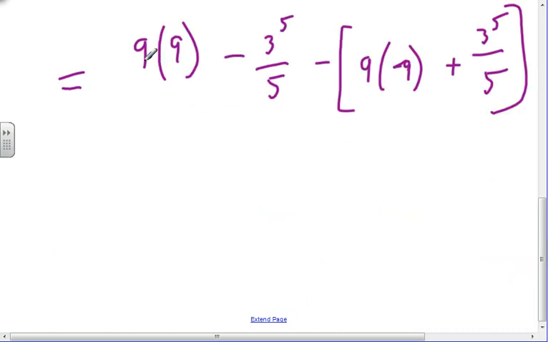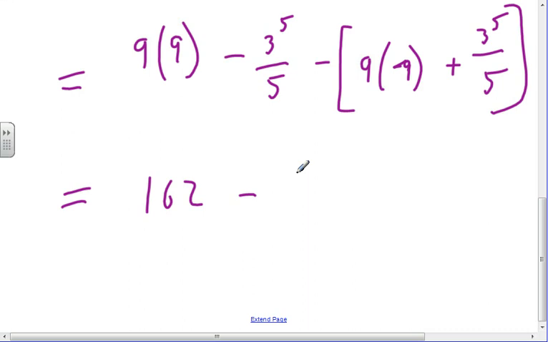Okay, so I got 81 plus 81 is 162 minus 3 to the 5th.